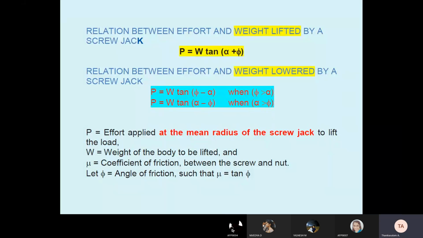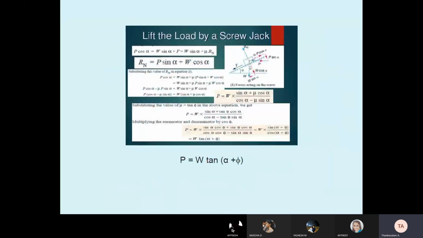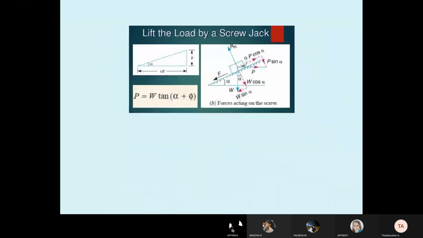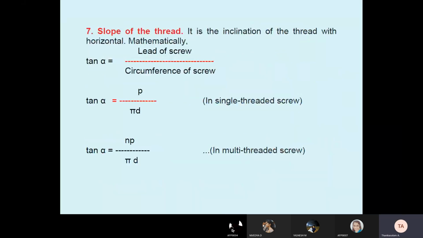Then alpha equal to helix angle. Students, alpha equal to helix angle. Tan alpha equal to p divided by pi d. p equal to pitch of the screw. d equal to mean diameter of the screw.